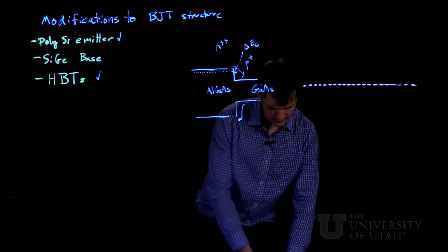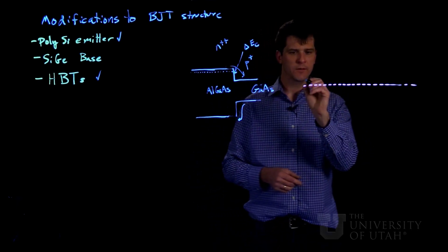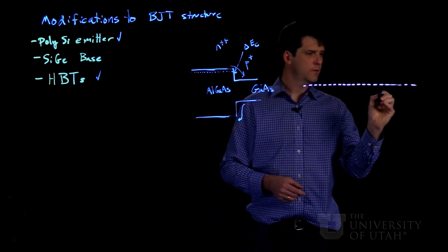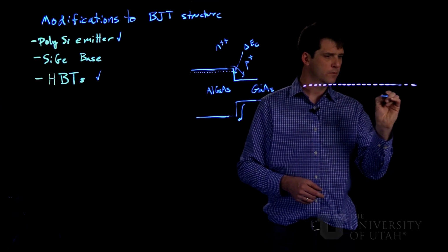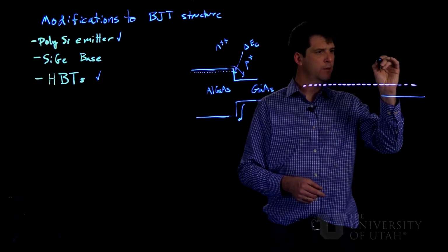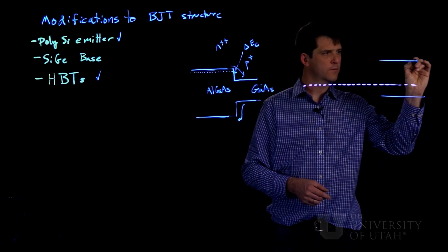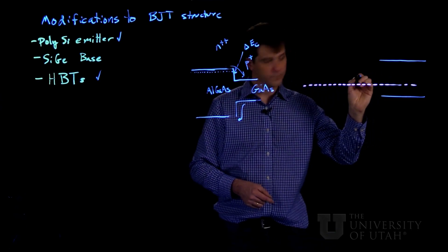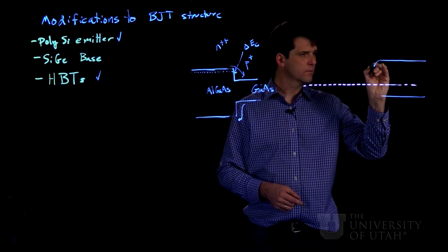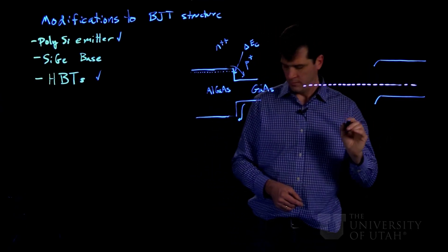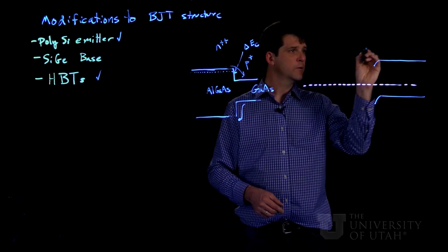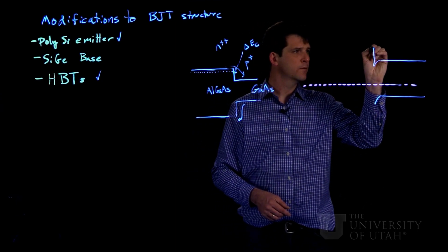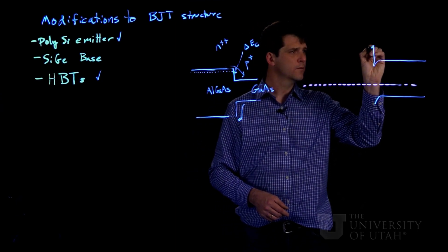So there's the Fermi level, and let's draw in first the gallium arsenide far away from the junction. And then the aluminum gallium arsenide also.